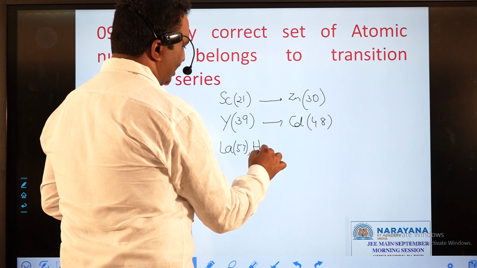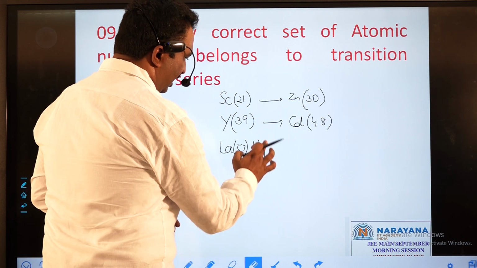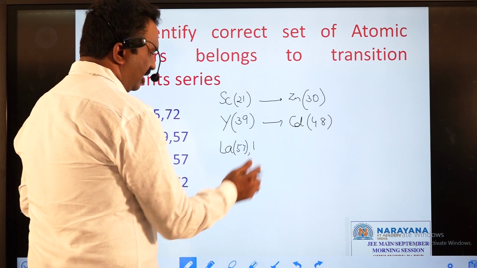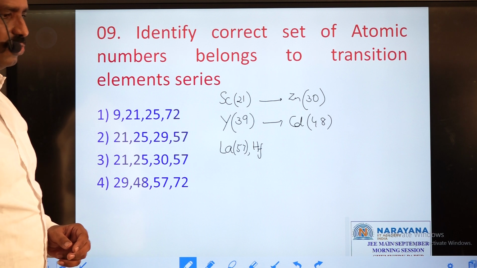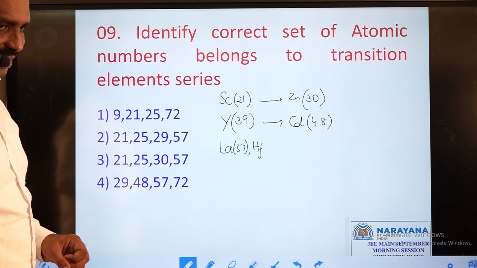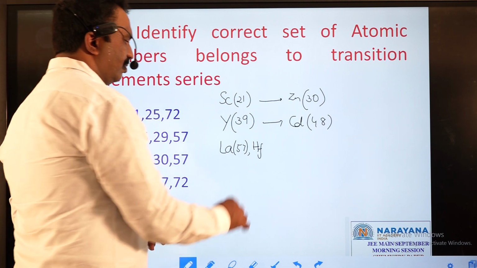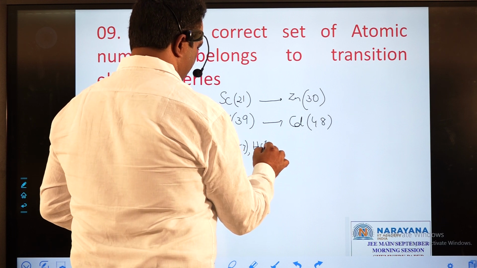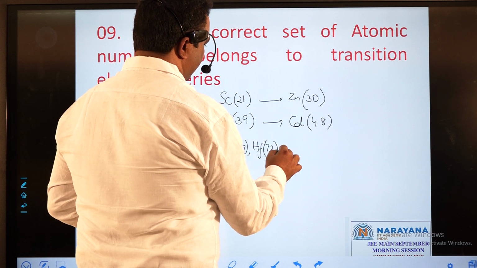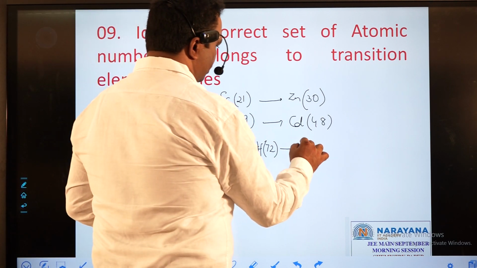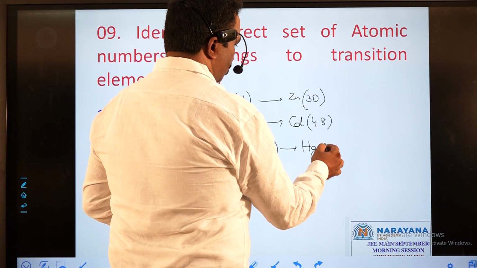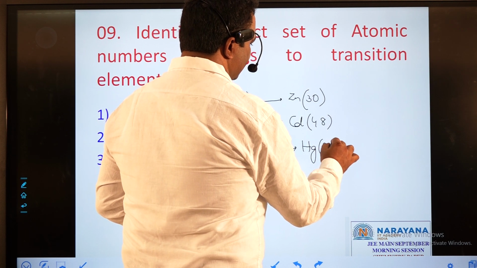Between lanthanum and hafnium there are 14 elements, which are called lanthanides. So here we have 72 as the atomic number, up to mercury, which is 80.